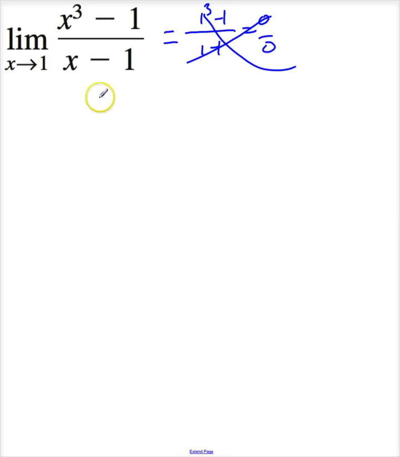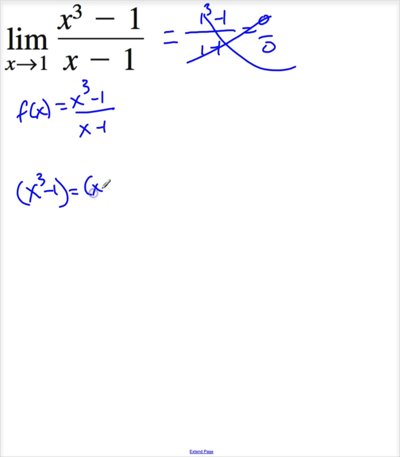Now, whenever you have a polynomial as a denominator, think of factoring. So let f of x equal x cubed minus 1 divided by x minus 1. Now I'm going to manipulate this a little bit. I'm going to factor x cubed minus 1.